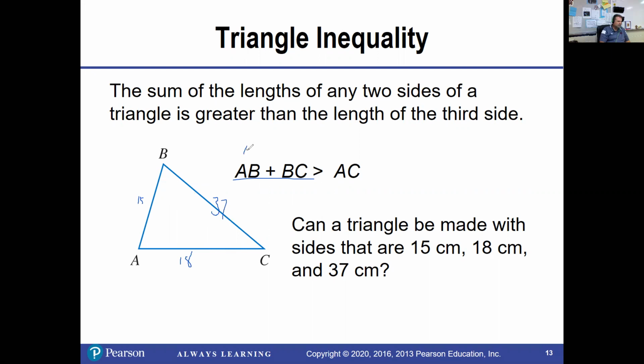So 15 plus 18 has to be greater than 37. Well, these two add up to 33, and 33 is not greater than 37. So by that rule, the answer is no.